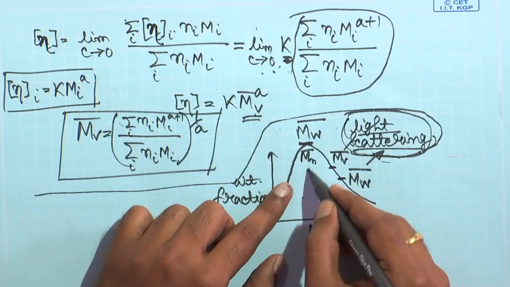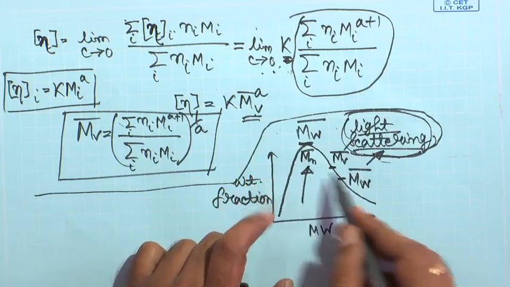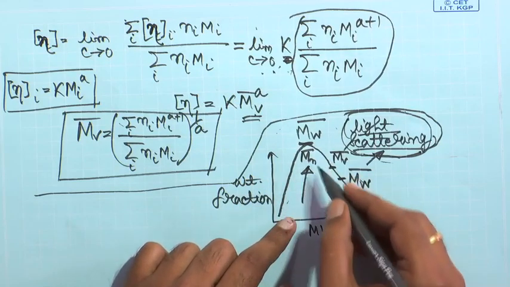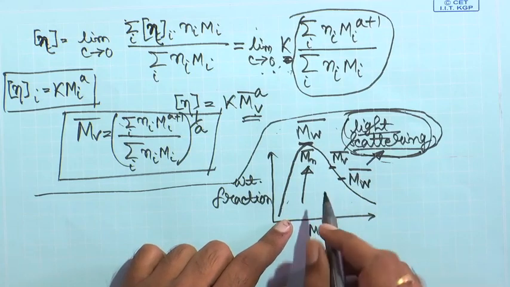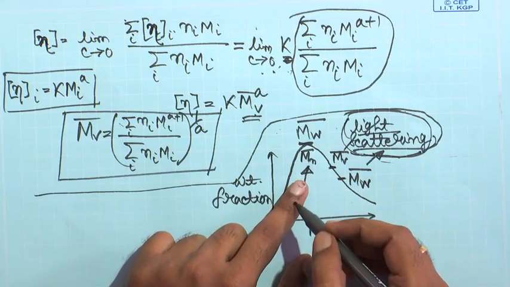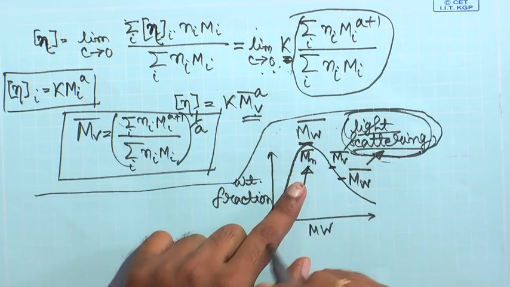Now, the question is, if you just determine Mn, does that faithfully represent the situation of the whole distribution? Typically, the answer is no, because the methods that you are using to determine Mn have more bias towards low molecular weight fractions.